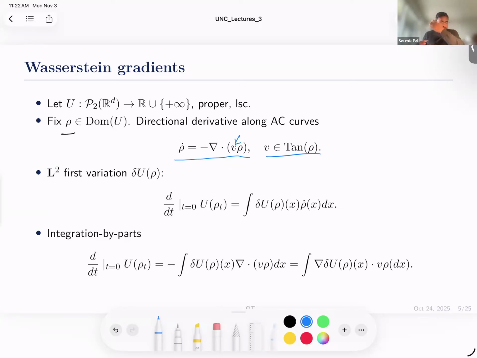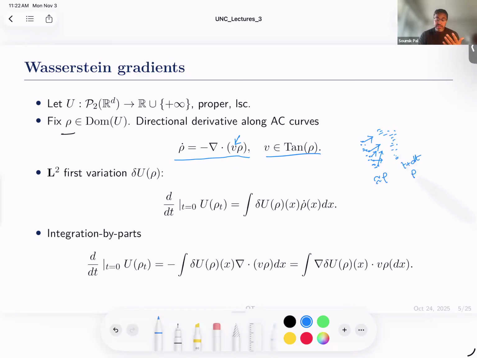You may remember that the way to think about this is that there is a particle system at time, let's say, t equals 0, and this cloud of particles is approximately rho, and every particle has a certain velocity field along which it is moving. And then you measure what happens to the cloud of particles at time t plus dt.